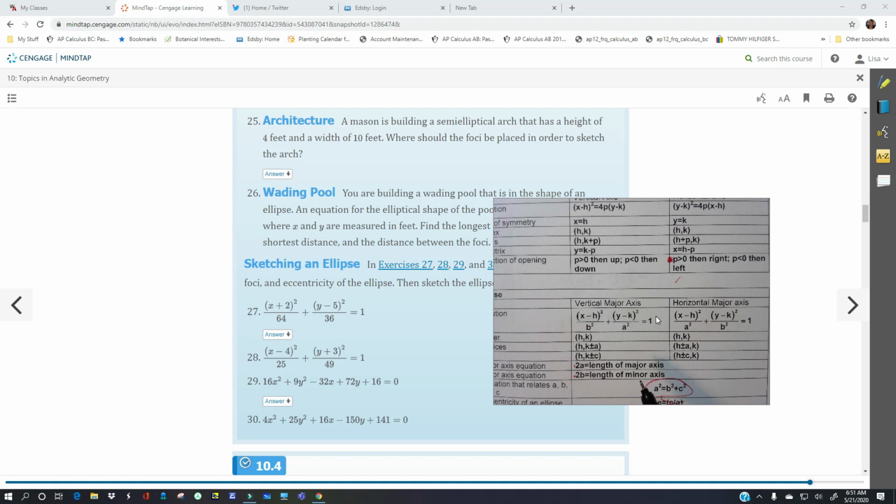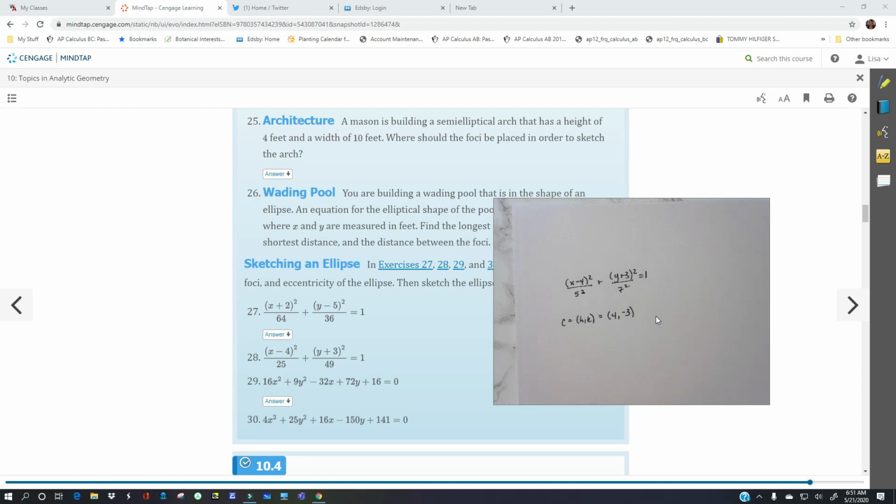And the bigger number here is under y. So if the bigger number is under y, then that means what? It means I'm going to have a horizontal or a vertical axis, right? That's really important because I need to know what formula I'm dealing with here.